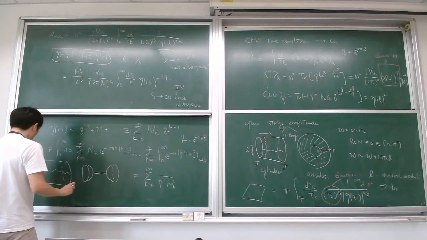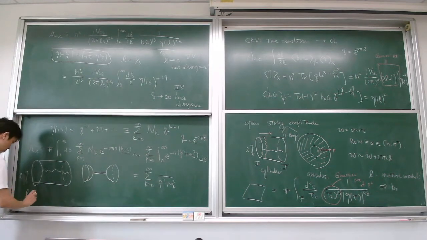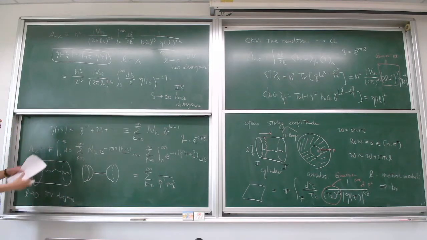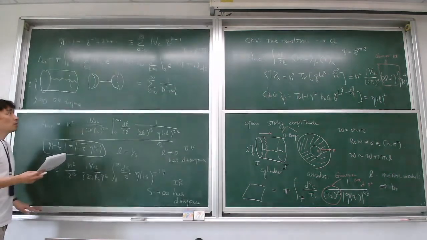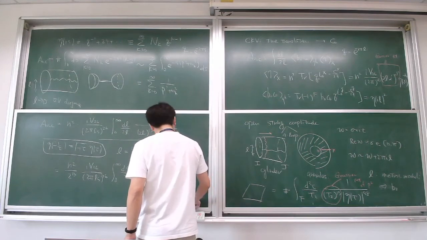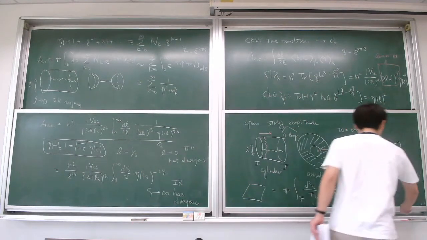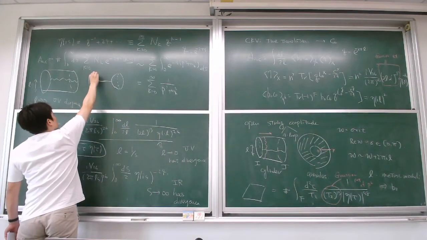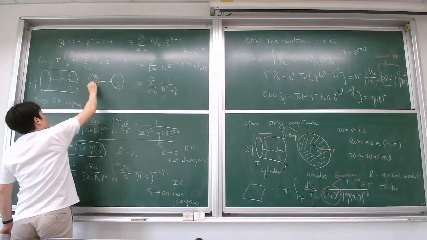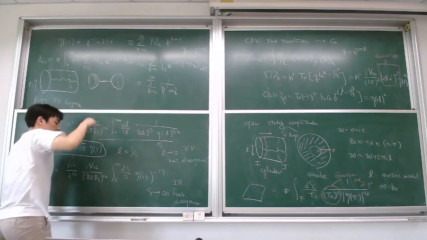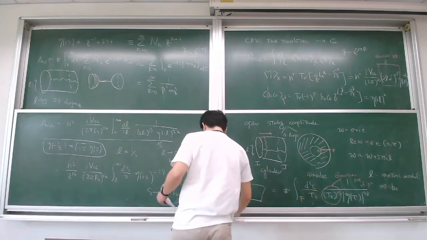Therefore, the UV divergence in the open string can be understood as the IR divergence in the closed string. So here the closed string is propagating and it just shrinks to zero size and propagates as some kind of particle.